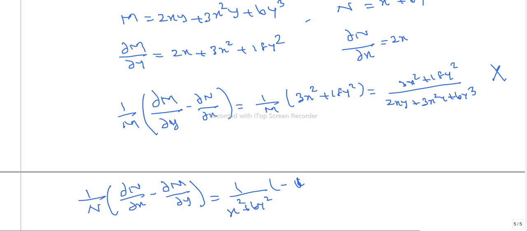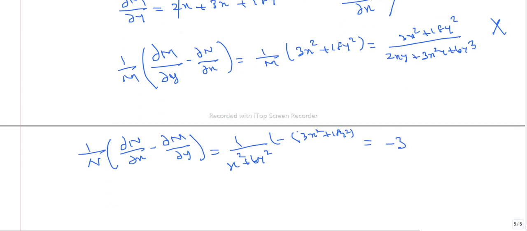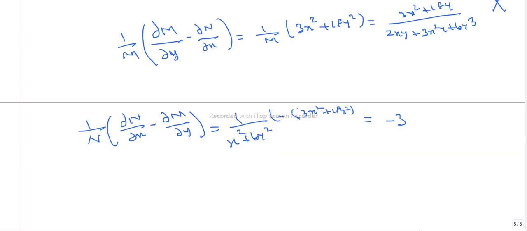We can take 3 outside and cancel, so this is nothing but 3 over the denominator x² + 6y².